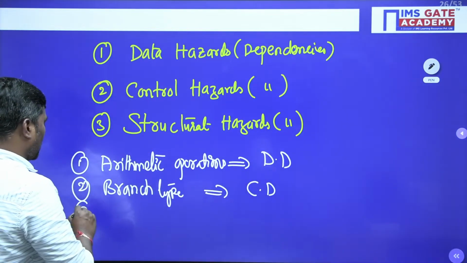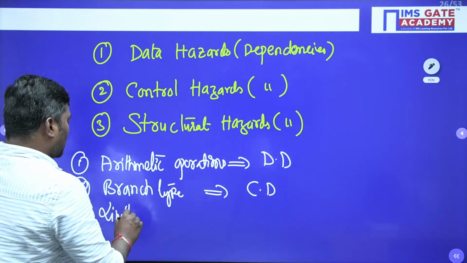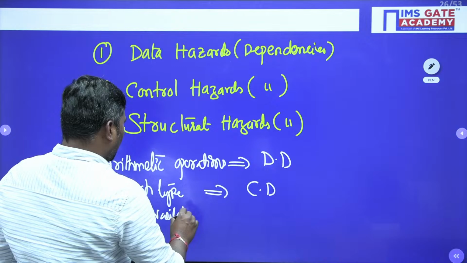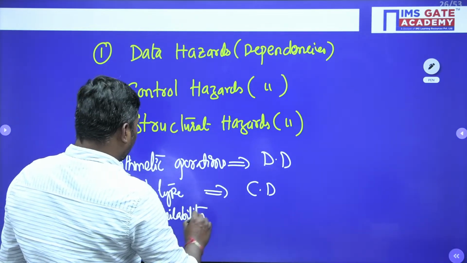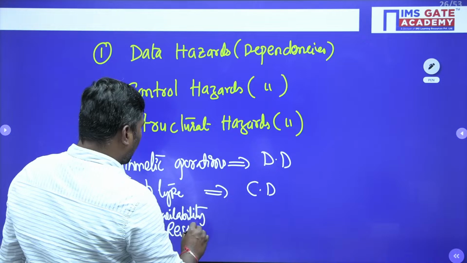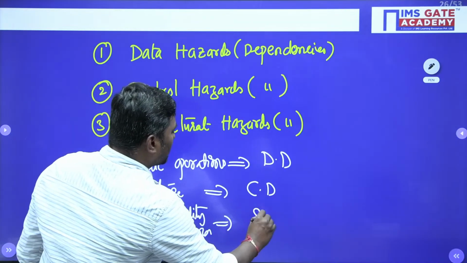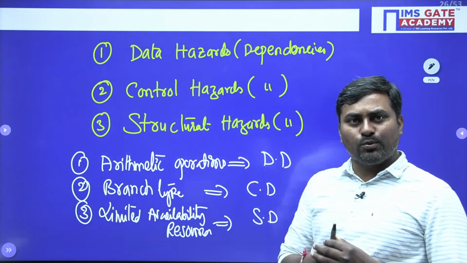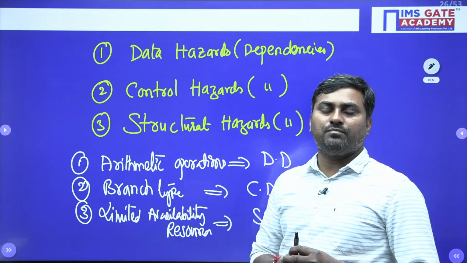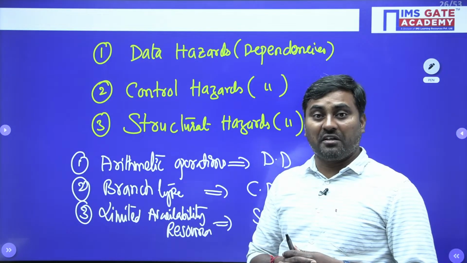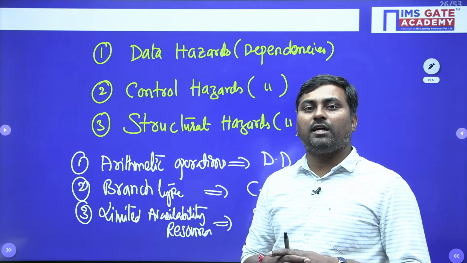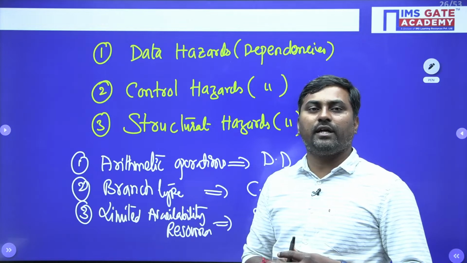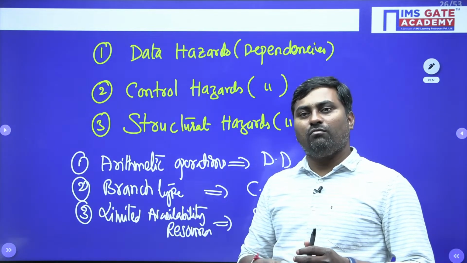Third, limited availability of resources, such as stages or bus connections, may cause structural dependency. I have given a reason how data dependency problems occur due to arithmetic operations, how branch instructions create control dependency, and how limited resources create structural dependency. We will observe them one by one.